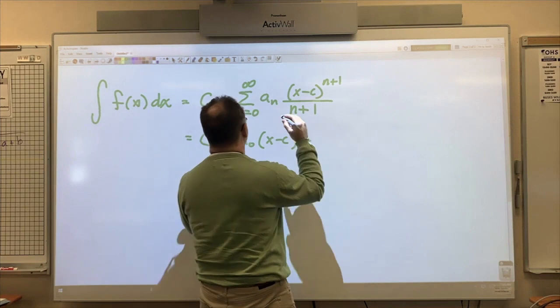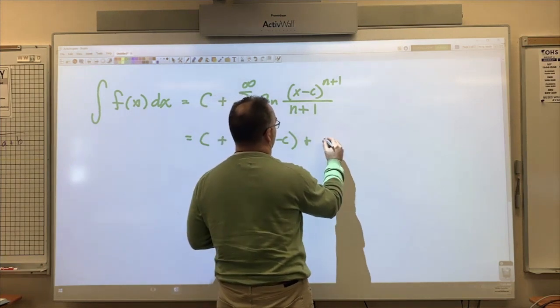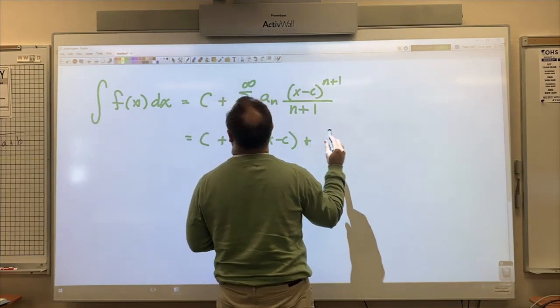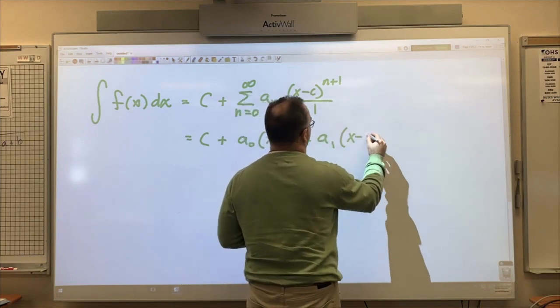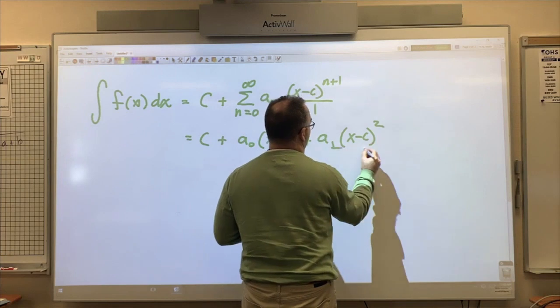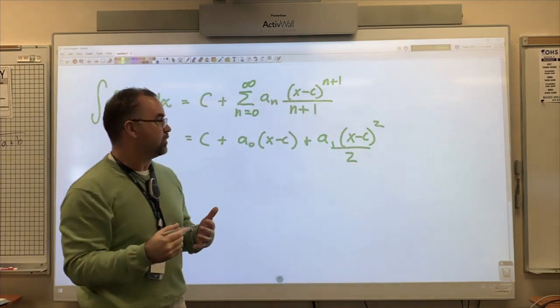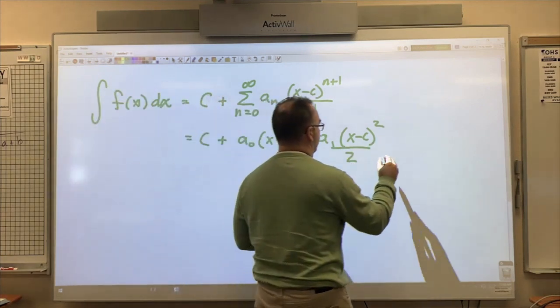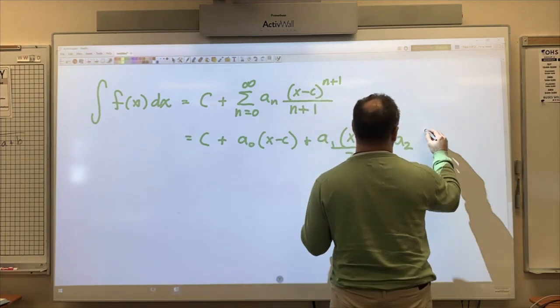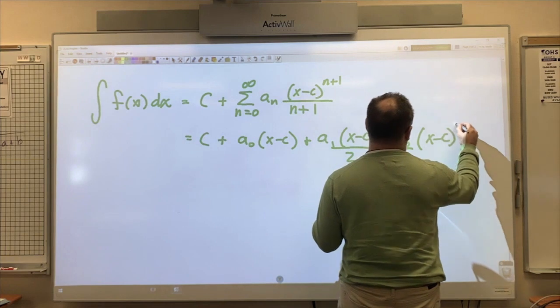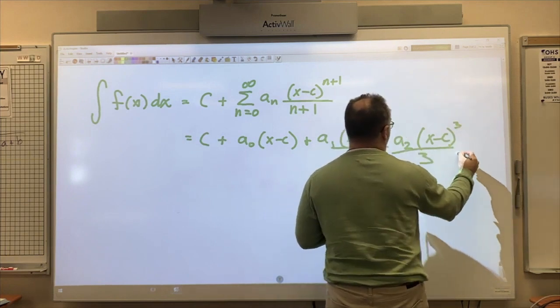Plus then if n is 1, I get a1 times x minus c to the second power over 2. And then for the third one, when n is 2, we get x minus c to the 2 plus 1 over 3, and so on and so forth.